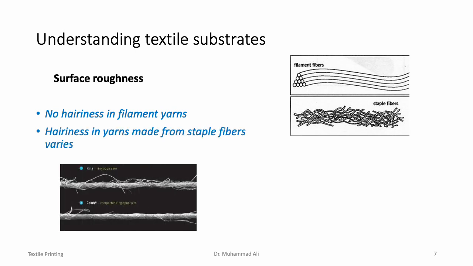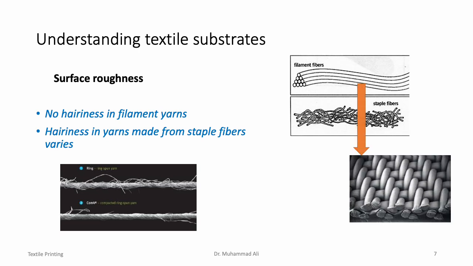In case of staple yarns, the yarn hairiness is further affected by the yarn properties. So the fiber length, the method of yarn production, like whether it's ring spinning or compact spinning, etc., the yarn manufacturing process, and the fiber properties determine the extent of hairiness on the yarn surface.